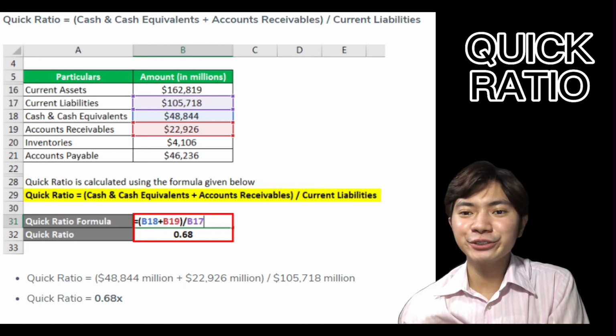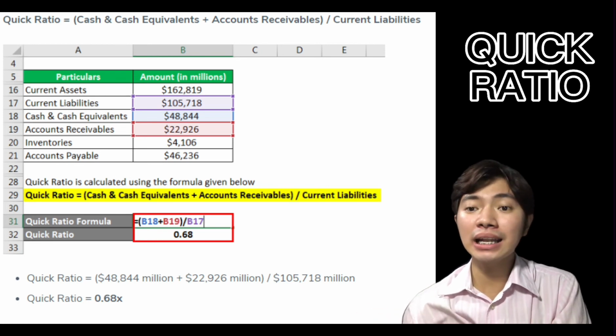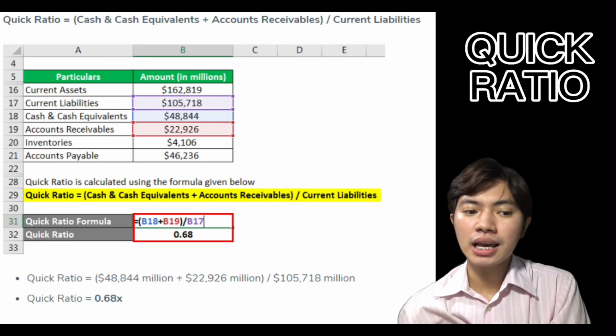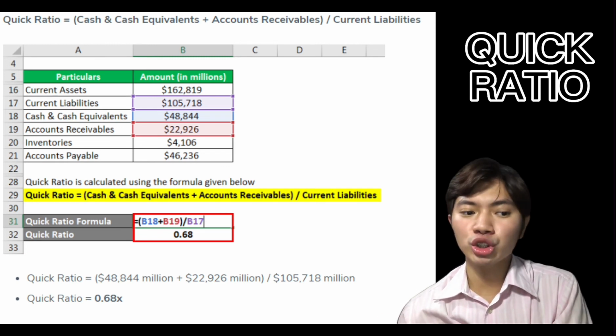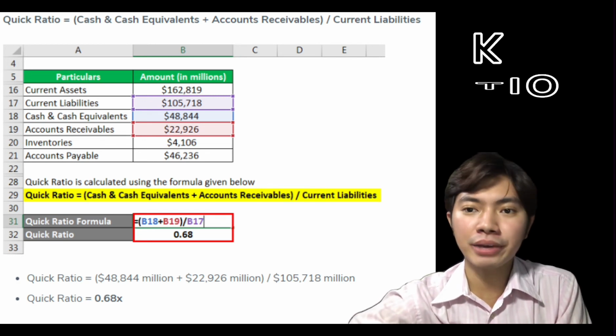So, important itong quick ratio dahil dito nalalaman ng internal management and external investors kung yung company will run out of cash o mawalan sila ng pera.